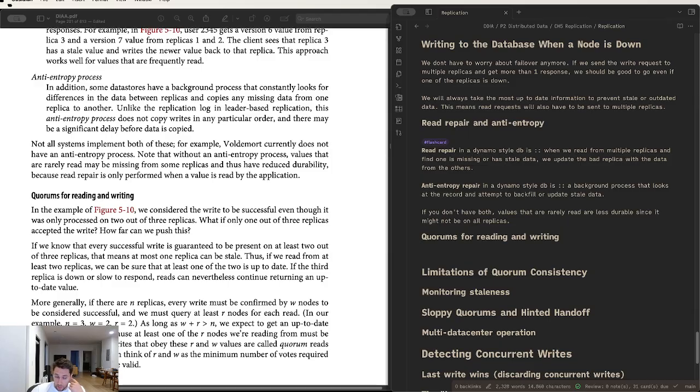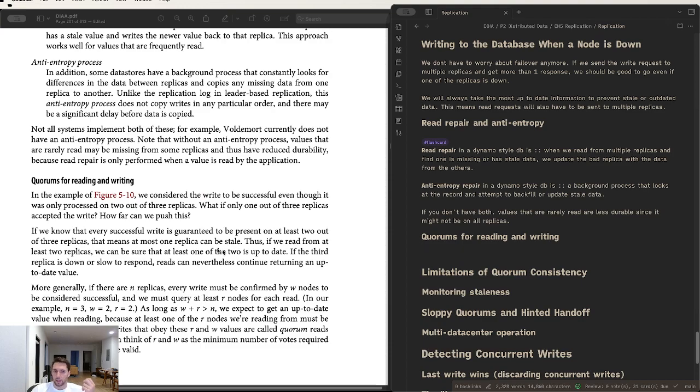If the 3rd replica is down or slow to respond, reads can nevertheless continue returning an up-to-date value. More generally, if there are n replicas, every write must be confirmed by W nodes to be considered successful, and we must query at least R nodes for each read. In our example, n equals 3, W equals 2, R equals 2. As long as W plus R, write plus read, is greater than n, we expect to get an up-to-date value when reading, so 2 plus 2 is 4, greater than 3, cool.